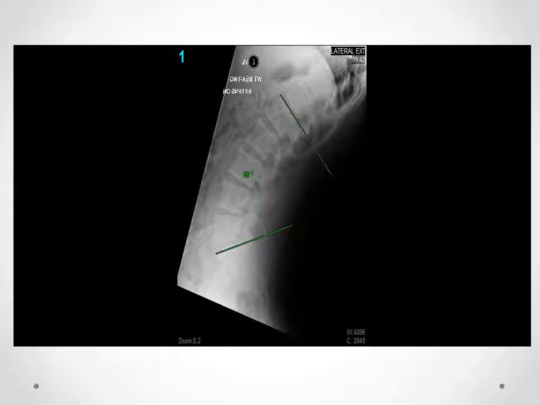Now in full lumbar extension, we have 66 degrees, a change of 6 degrees. Well, that's not really a lot, considering that 6 degrees is distributed over 5 vertebrae. So that in itself indicates that there's some restriction to motion in lumbar spine extension. So let's find out where that restriction is.